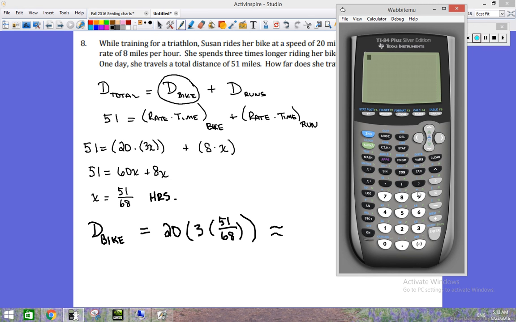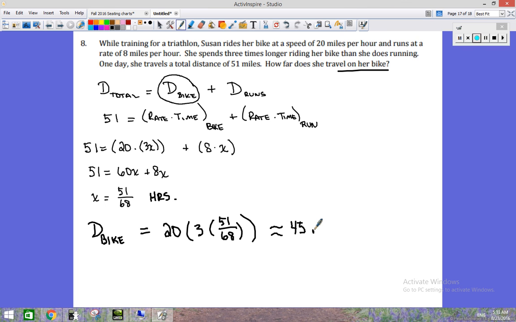We've got 20 times 3 times 51 divided by 68. 45. That's nice. So 45 miles is how far she rode her bike.